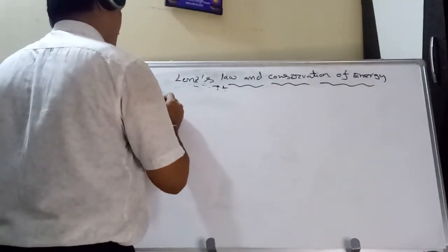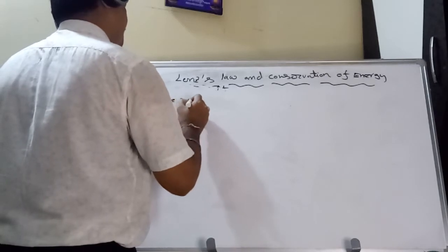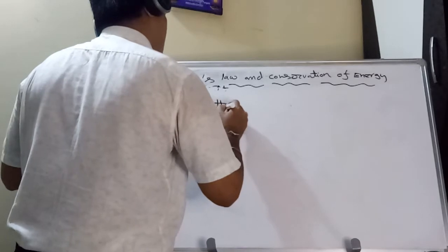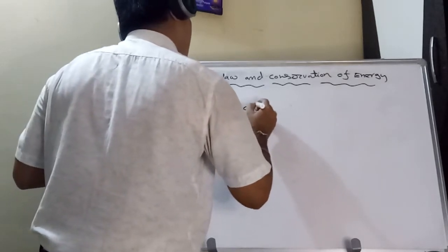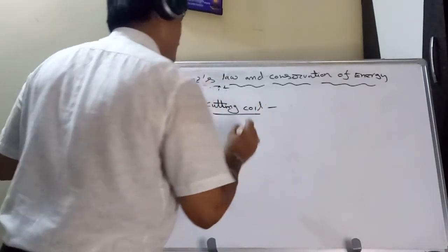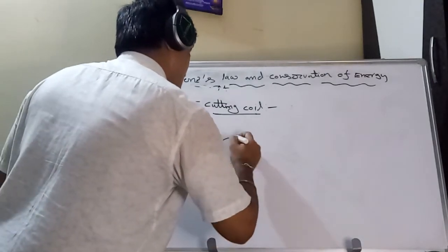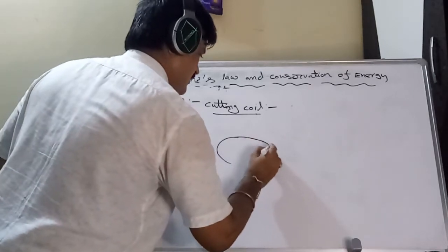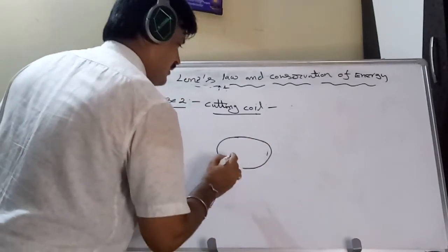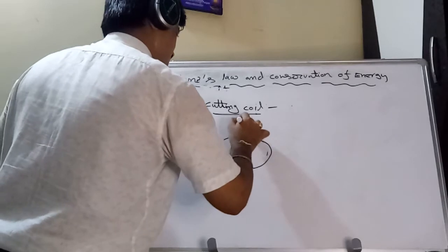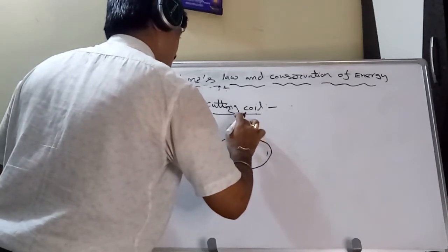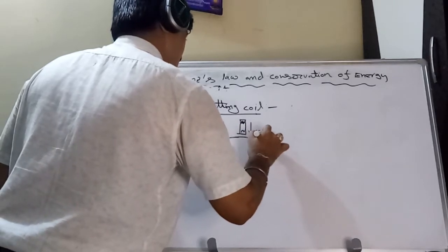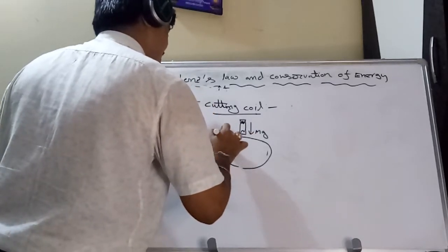Second case: a cutting coil, that is, a coil that is not closed. Here south and north poles, mg downward, and the acceleration is not less than g.